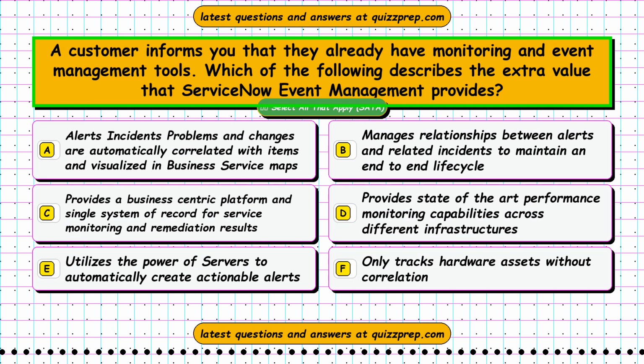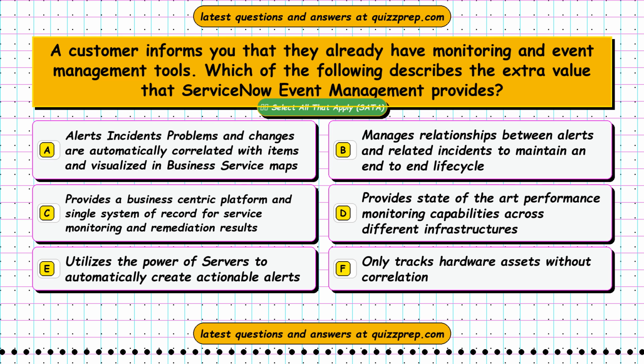Question 24. A customer informs you that they already have monitoring and event management tools. Which of the following describes the extra value that ServiceNow Event Management provides? Option A, alerts, incidents, problems and changes are automatically correlated with items and visualized in business service maps. Option B, manages relationships between alerts and related incidents to maintain an end-to-end lifecycle.